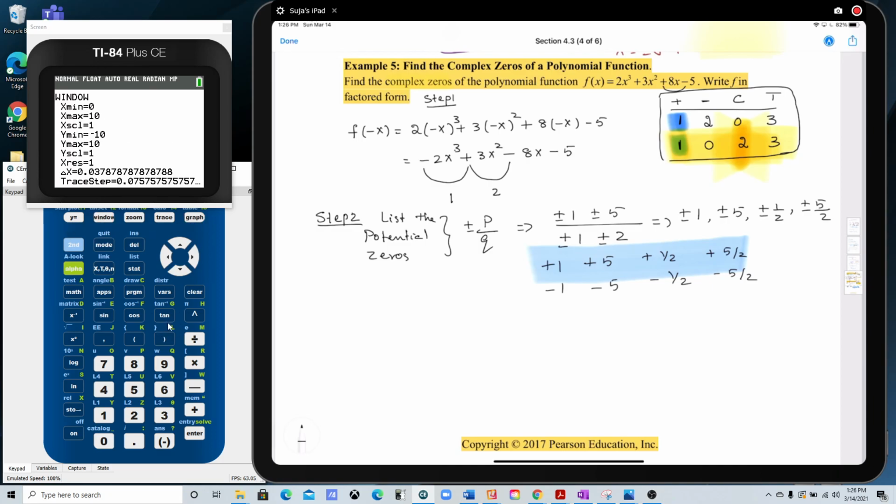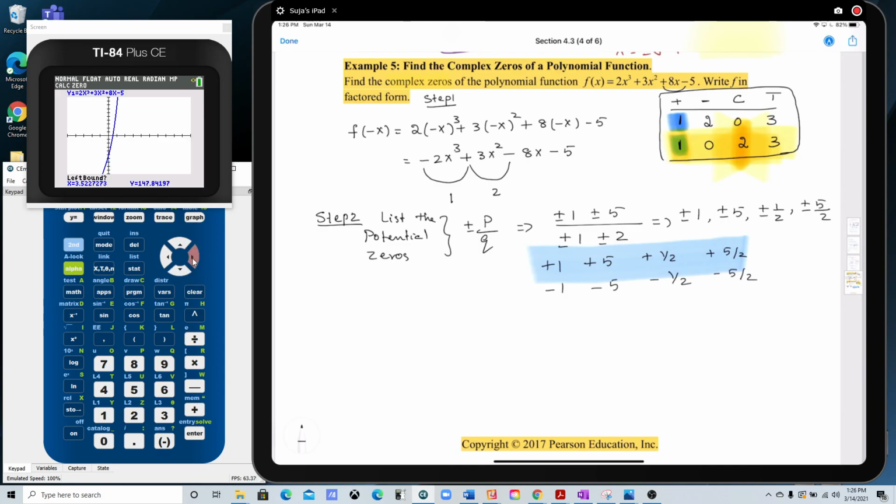How about if I change my window to -5? That'd be a little bit better. Okay, in order to look at this, this looks like a decimal value here, so it could be a half in there. So let me see. Second calc zero, I'll use that option.